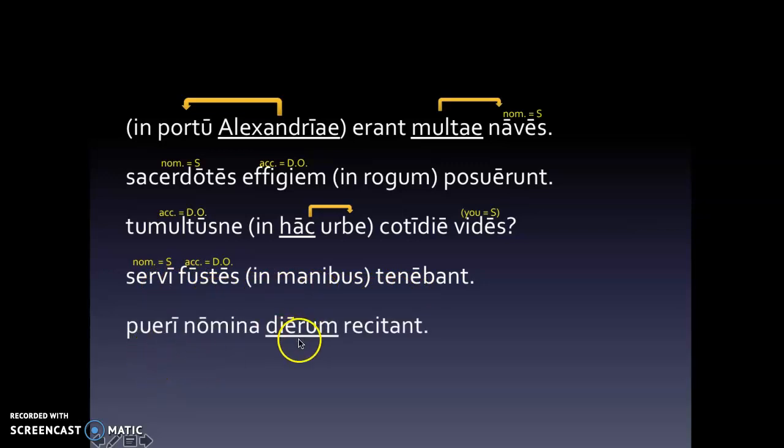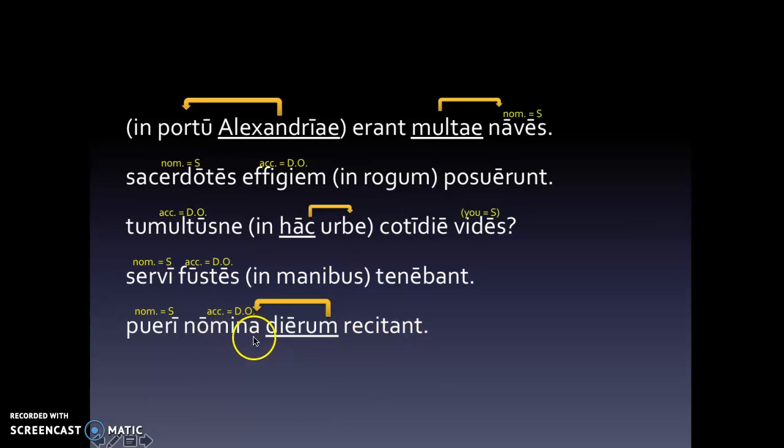All right, so dierum, this is a genitive modifying nomina, so it's possessing it. We've got two nouns left. Pueri, this accented I means nominative plural, so that's our subject. Nomina. Here's where knowing the gender of a noun really helps, because this a here could be really confusing. If you didn't know that this was a neuter noun, you might think that this is a first declension noun, that it could be nominative singular, but that doesn't make any sense because our verb is plural.